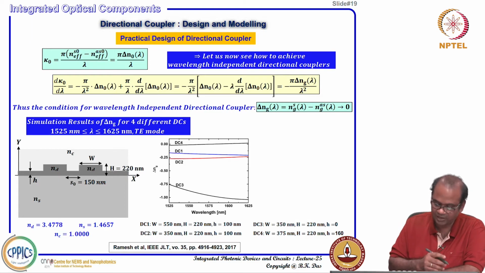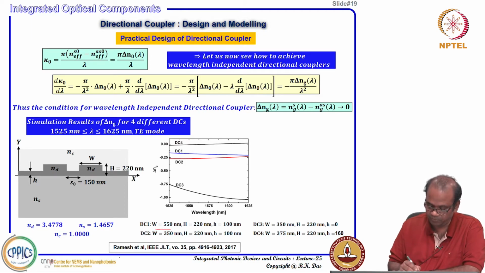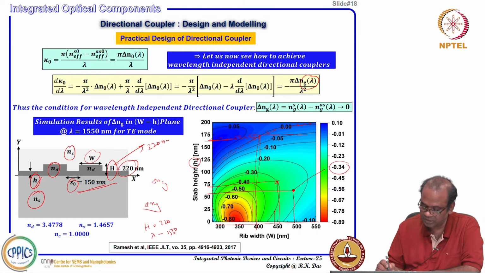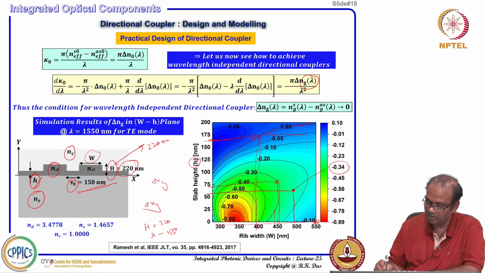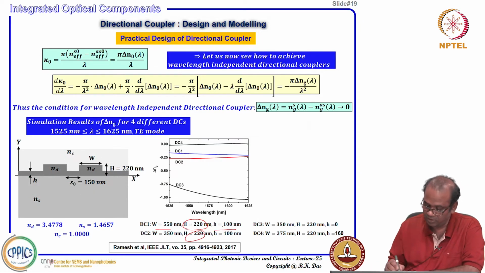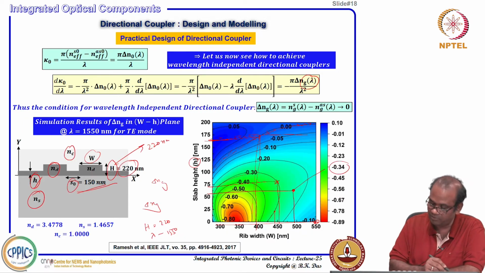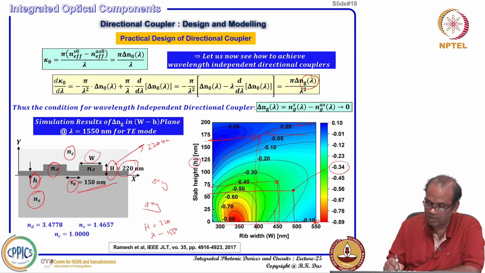We have just taken 4 different parameters. One is W equal to 550, H is actually fixed for all at 220, and small h equal to 100 nanometer. That means, in the previous picture, 550 is around this one, with small h equal to 100 nanometer.